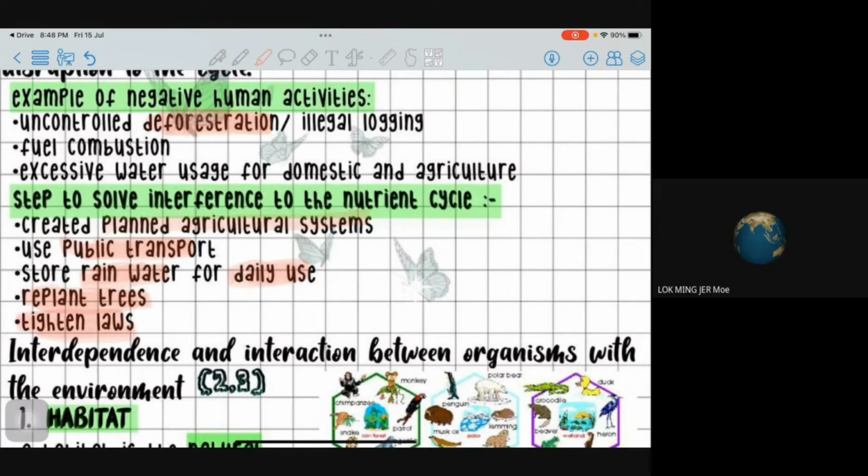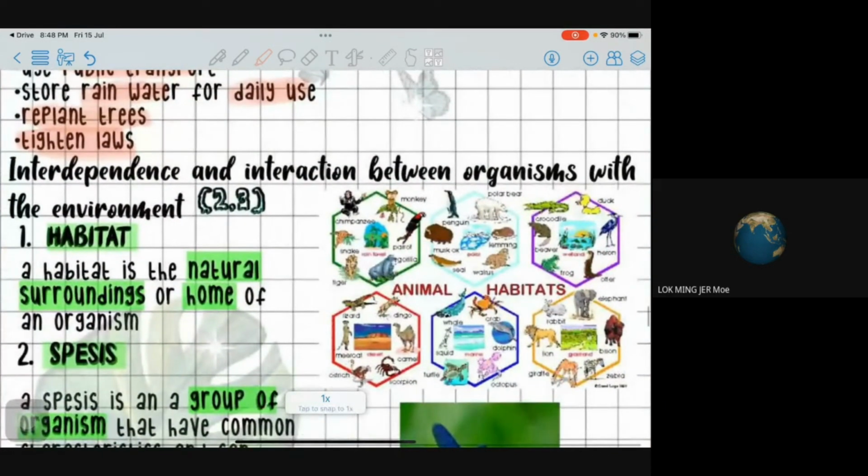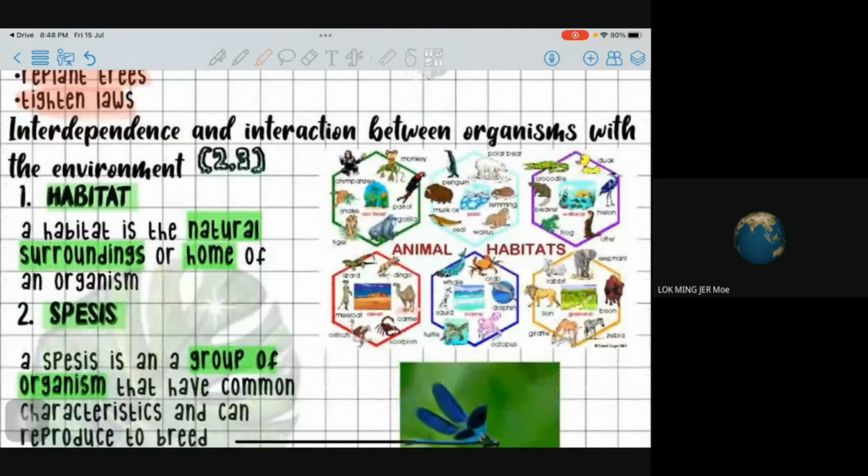If the agriculture or the factory releases a lot of pollution, we need to make the laws strict. Maybe give a fine, something like that.